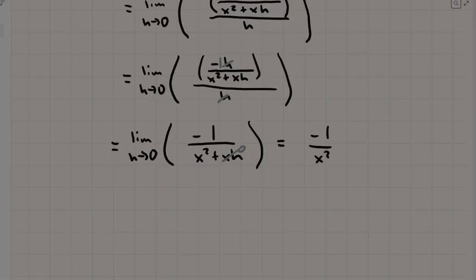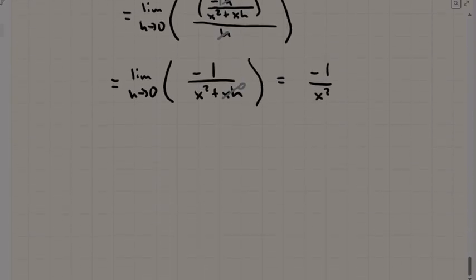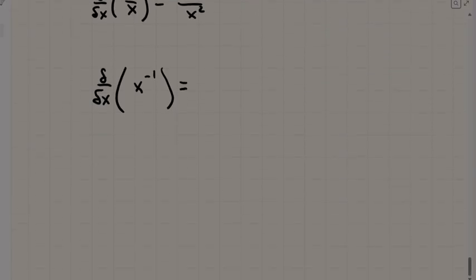And so what we found with this then is that the derivative of 1 over x is equal to negative 1 over x squared. And there is a more intuitive way of writing this, right? Because 1 over x is equal to x to the negative 1. So the derivative of x to the negative 1 equals, forget about what we wrote here.